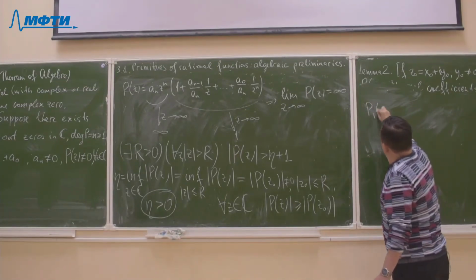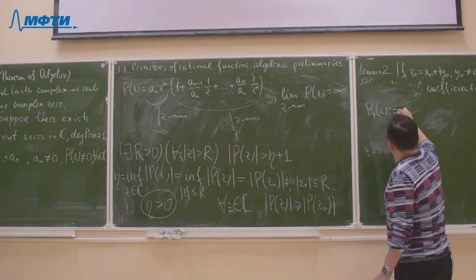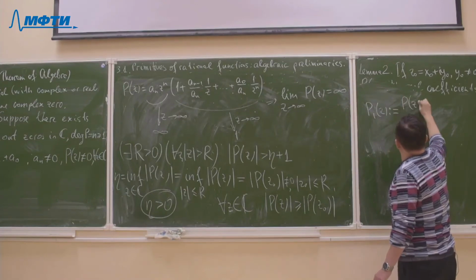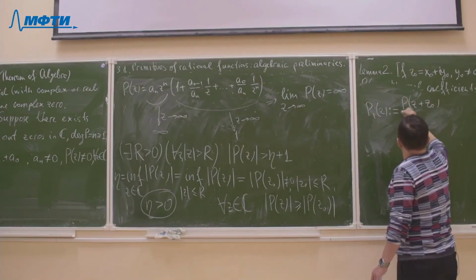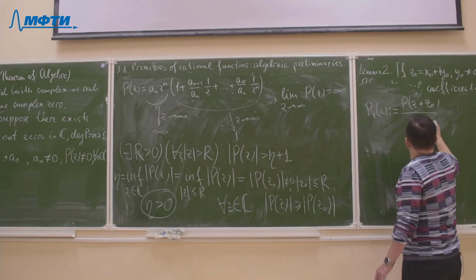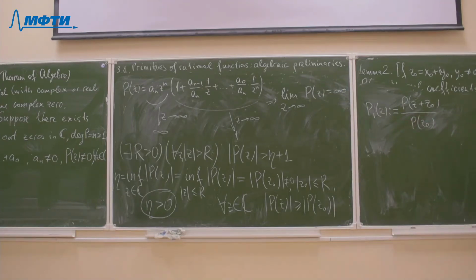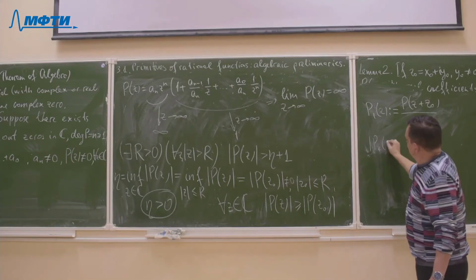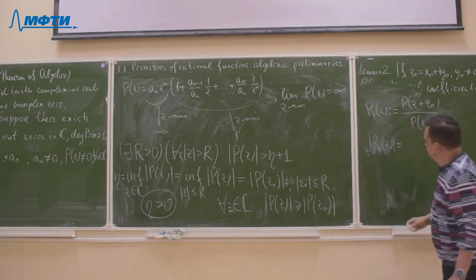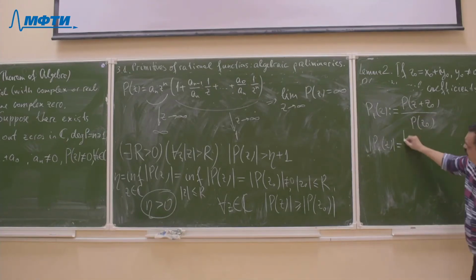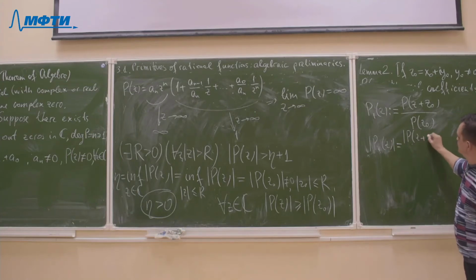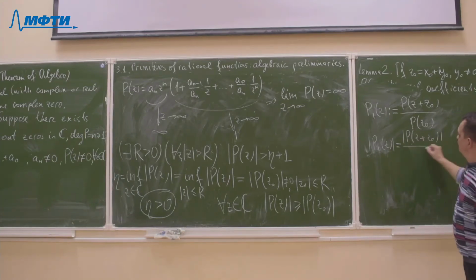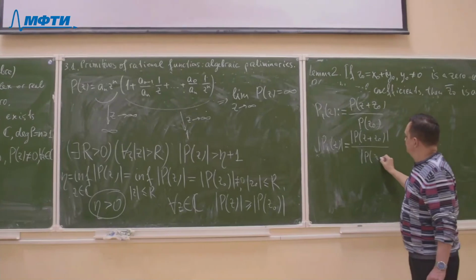Consider a polynomial p1 of z equals p of z plus z naught over p of z naught. Look, what about the modulus of this polynomial p1 of z? That is modulus p of z plus z naught over modulus p of z naught.